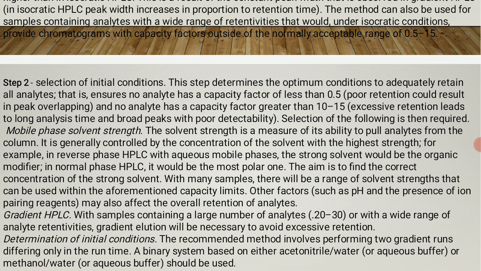Determination of initial conditions: the recommended method involves performing two gradient runs differing only in the run time. A binary system based on either acetonitrile water or methanol water should be used.